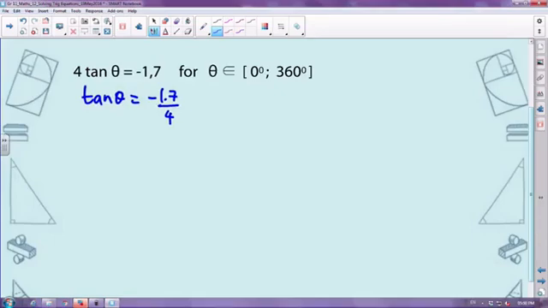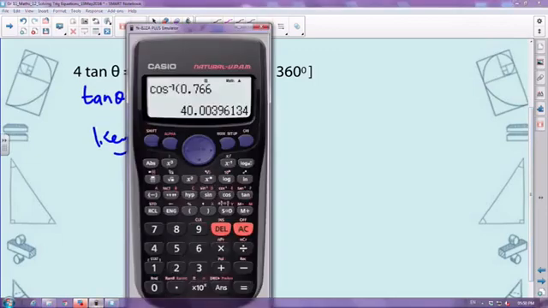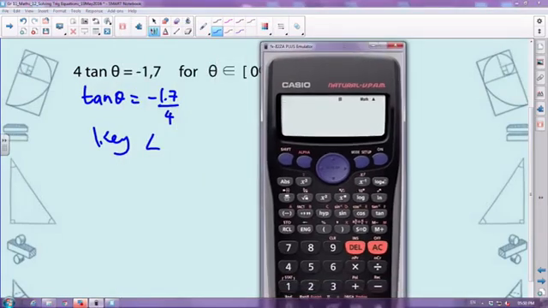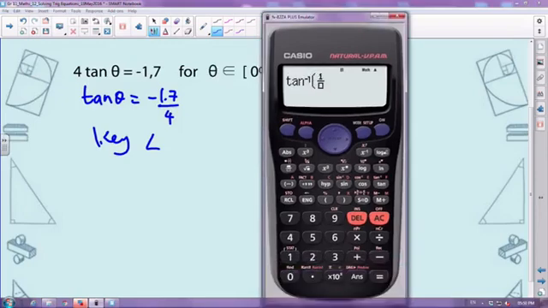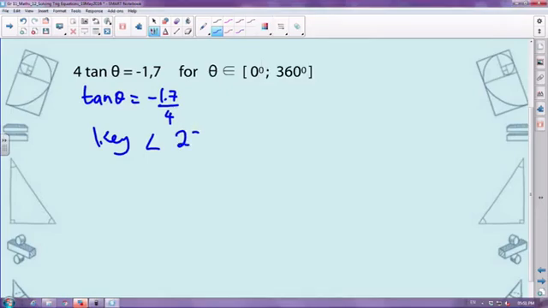And then from there you find your key angle, which in this case you're going to say shift tan of 1.7 divided by 4, and that is 23.03, something like that, 23.03 degrees.